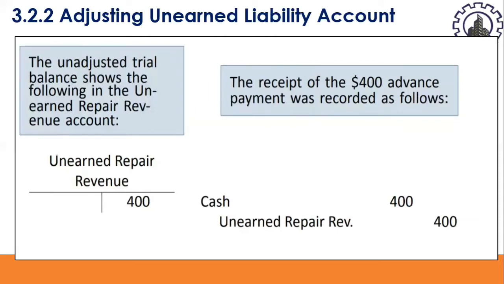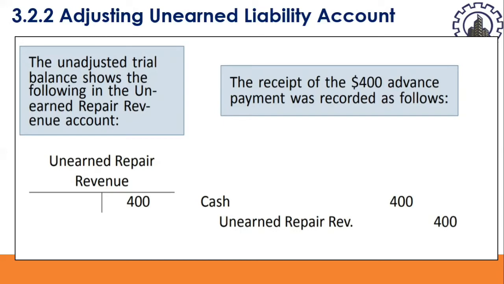Now here, on January 15, if you can recall, Big Dog Corporation received $400 cash payment in advance of services being performed. Out of 400, take note that $300 for January was received and another $100 received for the month of February. Now, this advance payment was originally recorded as unearned since the cash was received before repair services were performed.